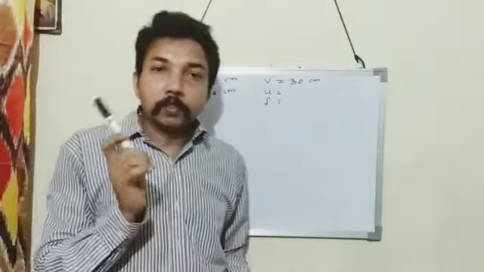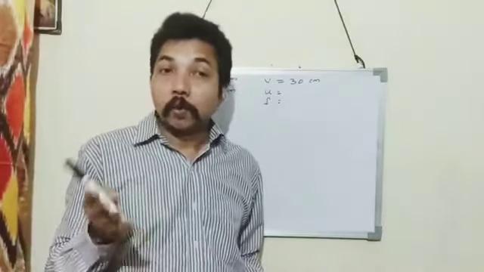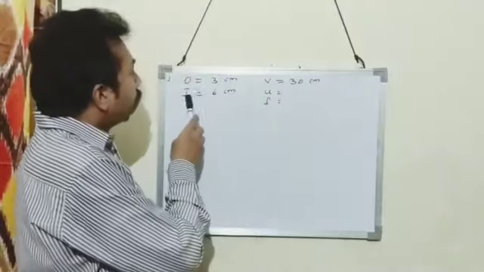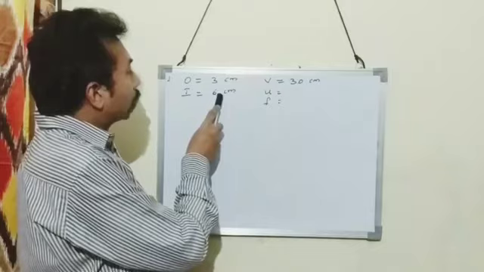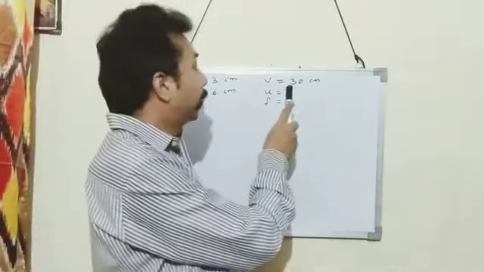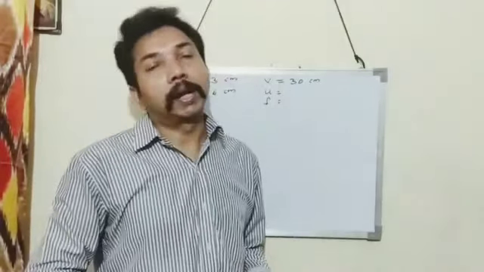In the case of a convex lens, behind the lens, always an inverted image is formed. And the height of the image is given as 6 centimeter. We have to find U and F, object distance and focal length.